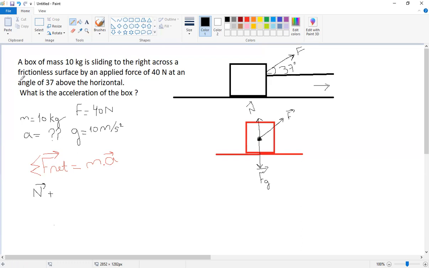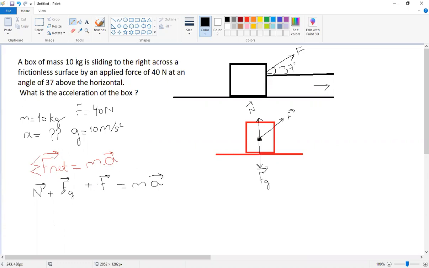Frictionless means that this surface does not exert any friction force, so there's no friction. Pay attention to such keywords. N plus Fg plus big F, which is the applied force at an angle, equal to ma.